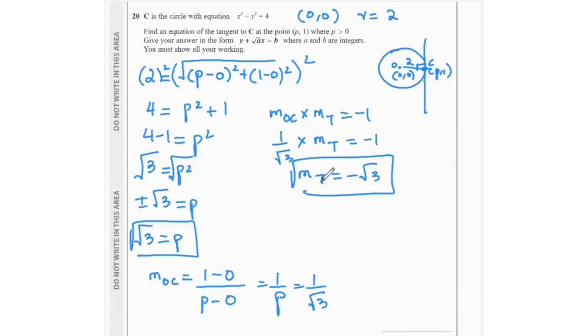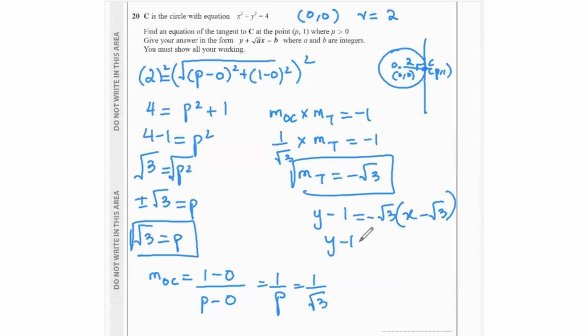Now we have the gradient of the tangent. We have the coordinates of point C, which is root 3 and 1. So we can easily find the equation for the tangent. So y minus 1 equals negative root 3 times x minus root 3.